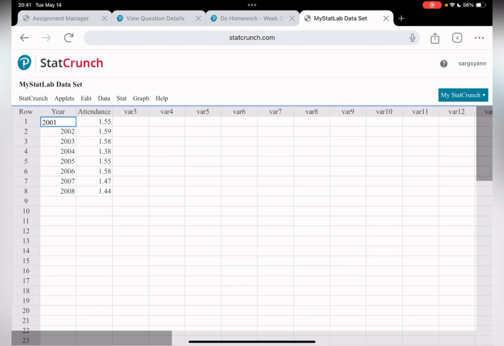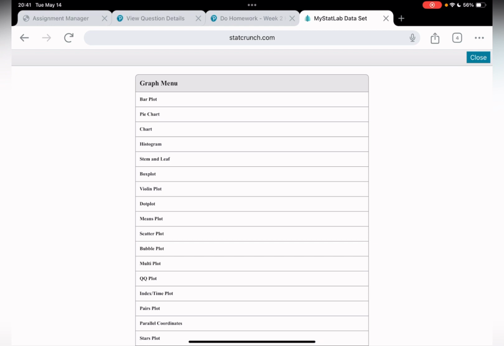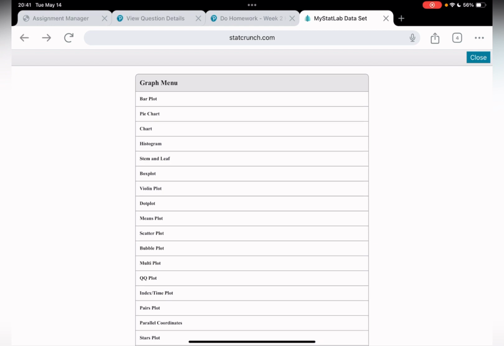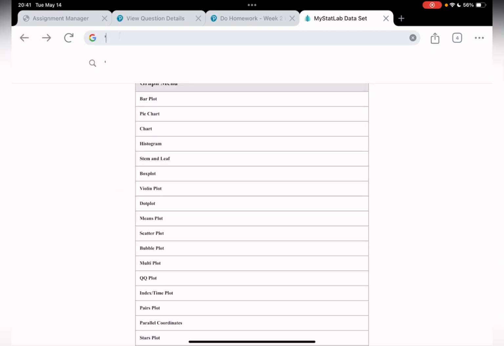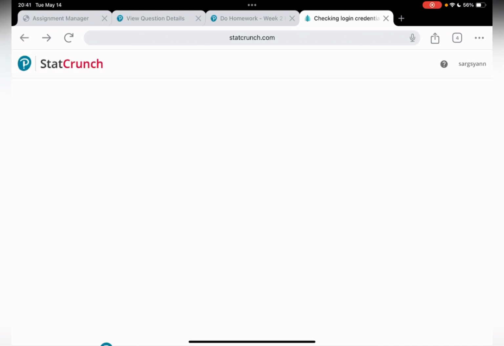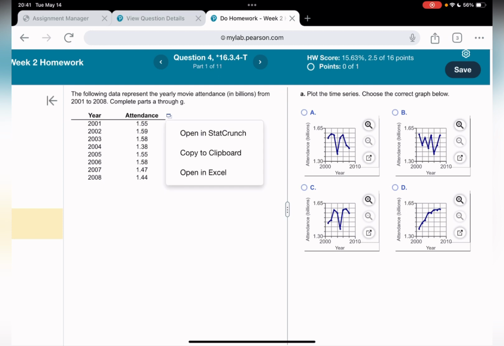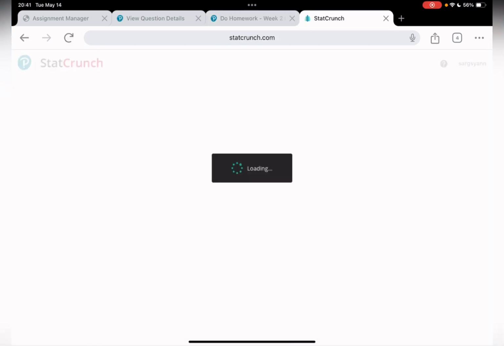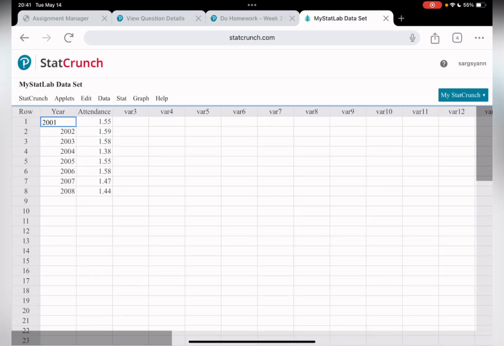All right, it opened. StatCrunch here, and then click graph. Oops. Let me go one more time. StatCrunch. Click graph.